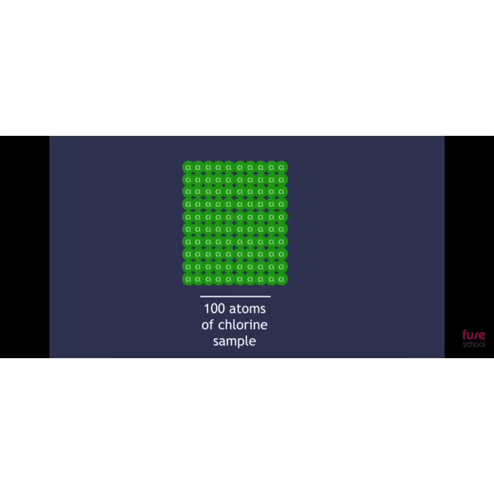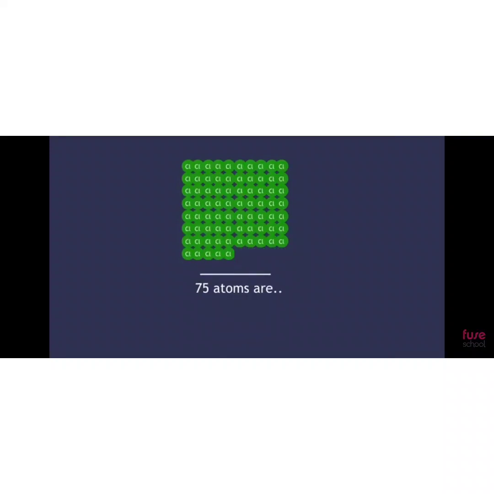In cases where elements have isotopes, the average weight of the isotopes is taken into consideration. Let us see with the example of chlorine. Now, if we consider 100 atoms of chlorine, in that case, there are 75 atoms that would be of atomic mass 35.